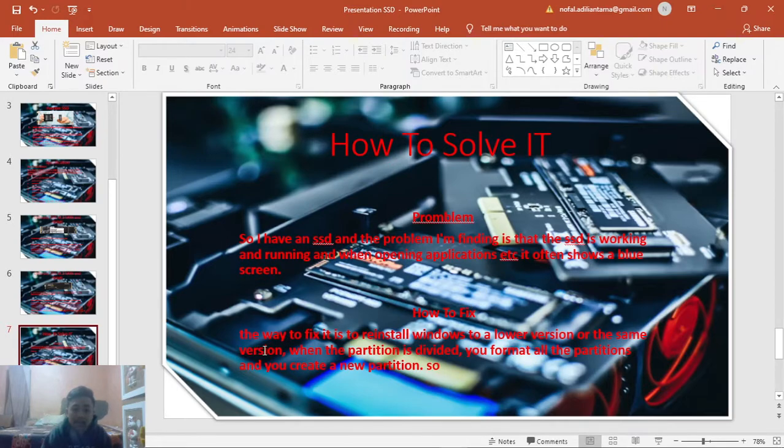The way to fix it is to reinstall Windows to a lower version or the same version. When the partition is divided, you format all the partitions and you create a new partition. Okay, so this is the problem, and this is how to fix it.